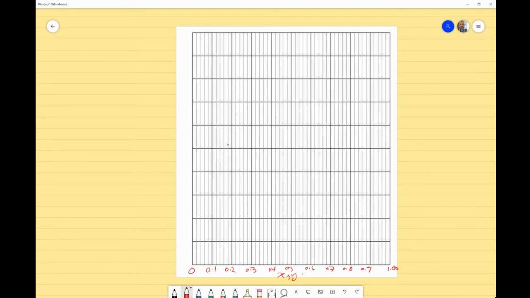Clear? So now the scale within this, each one is going to be 0.9, for example, this one here. It's going to be 0.92, 0.94, 0.96, 0.98, and so on. So you know the scale, the major scale and the minor scales.